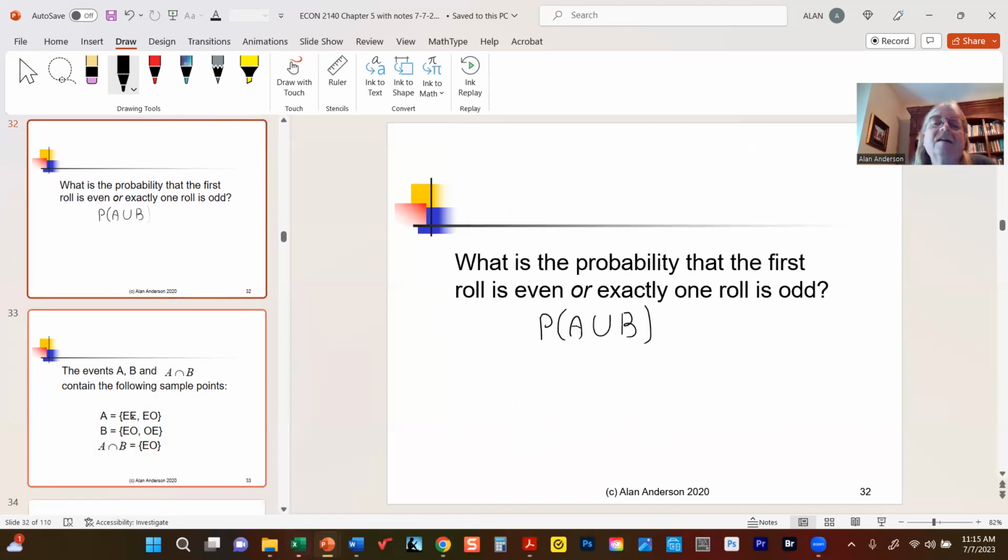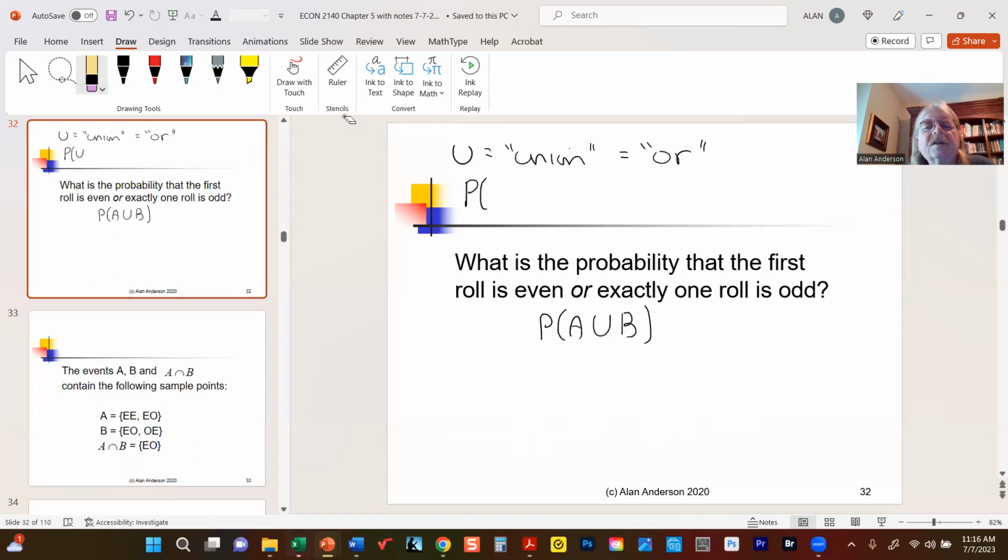By the way, I forgot to mention this before. This union symbol is sometimes referred to as OR. In fact, there are books on the market where they don't even use these symbols. They actually write out the English word OR, because it means the same thing. Logically, it's the same thing.